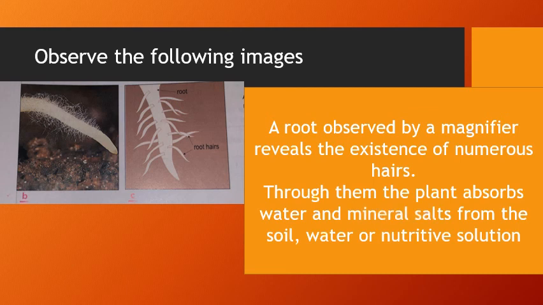Through them, the plant absorbs water and mineral salts from the soil, water, or nutritive solution. So keep those in your mind because we are going to use them in the next slide.